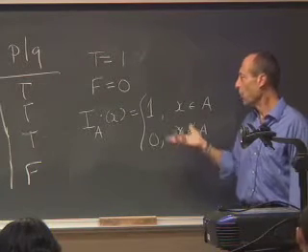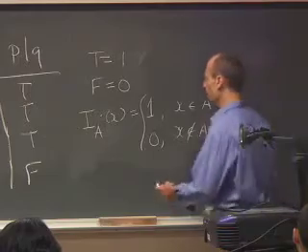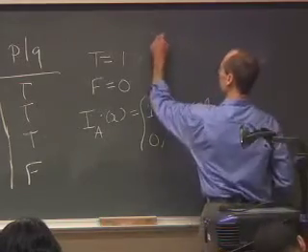Okay? So what is the indicator function of the intersection AB?